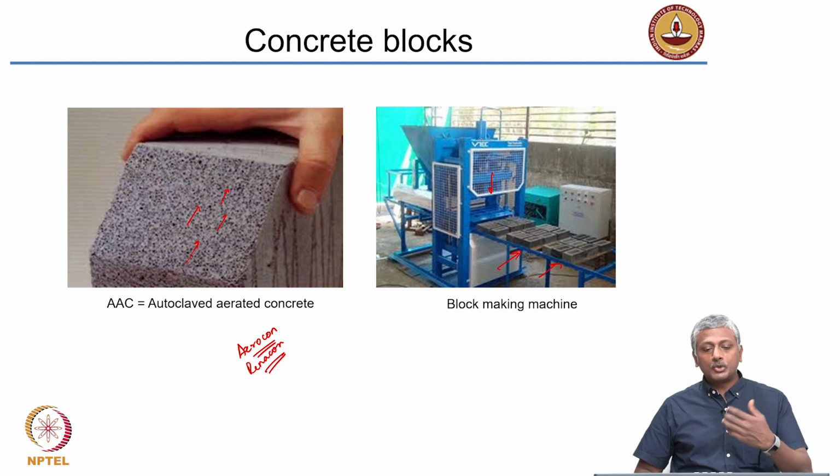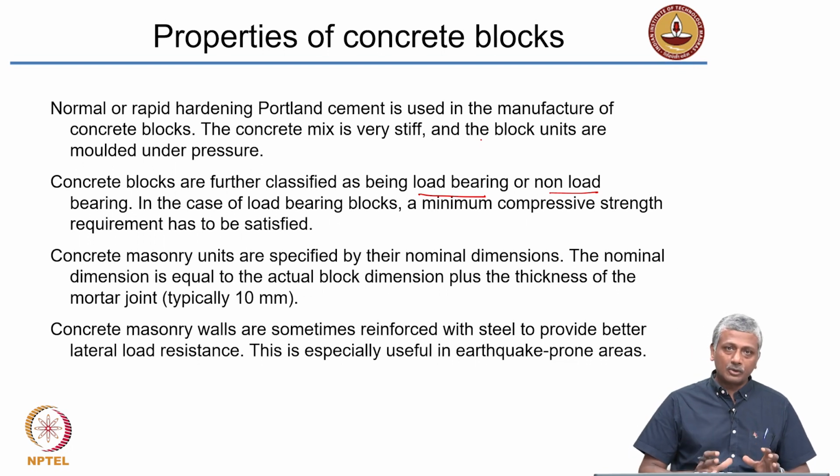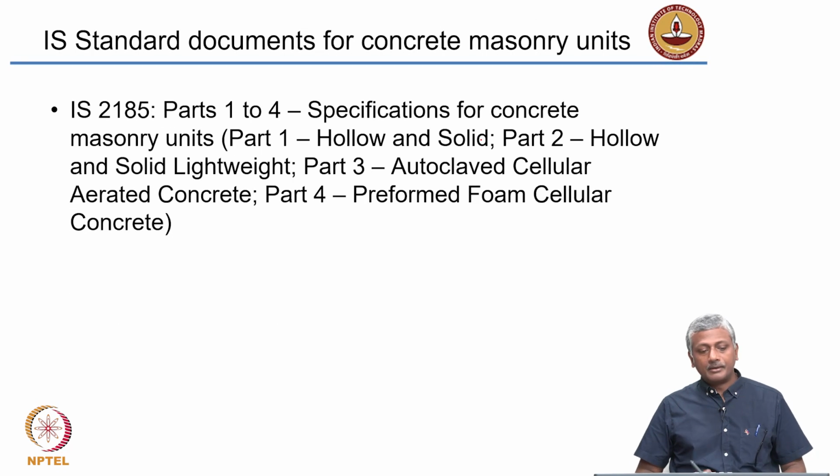So, you can create reinforced concrete block masonry with a lot of ease. And this is very important, especially when you have lateral load problems in earthquake prone areas. So, concrete block masonry is very good for reinforcing in earthquake prone areas.